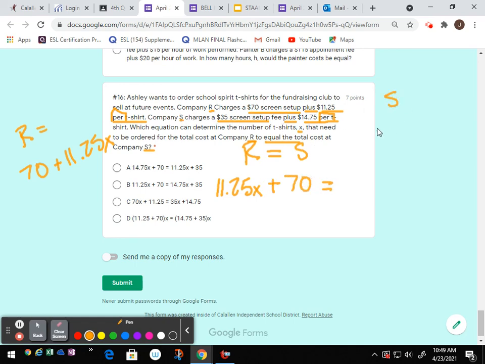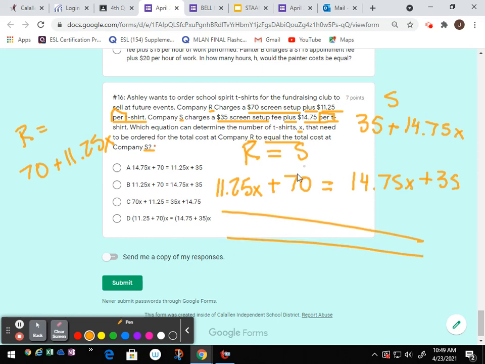S says it's a $35 initial fee plus $14.75 per t-shirt. So X, this is saying $14.75 per shirt. Let's rewrite this. We have 14.75X plus 35. So there is our equation.